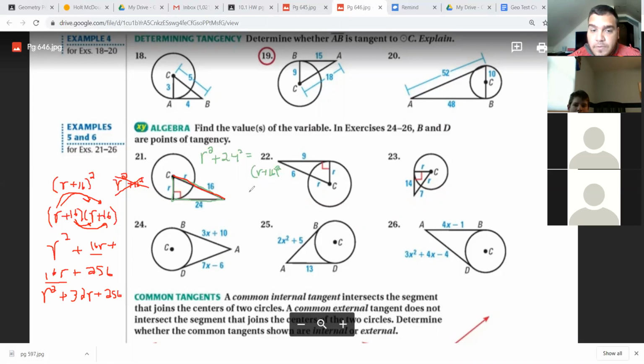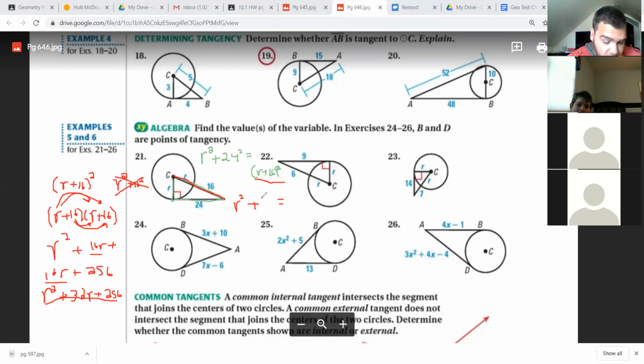Now I can rewrite this. R squared plus 24 squared, I'm going to pull out my calculator for that, equals what we just wrote, which is R squared plus 32R plus 256.